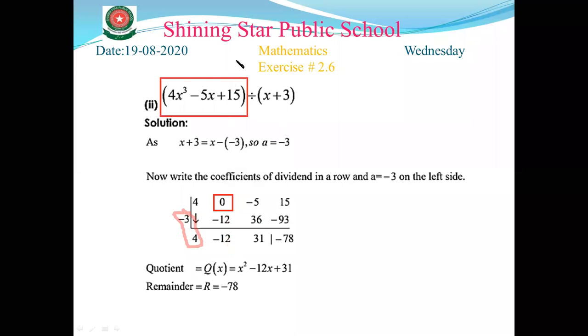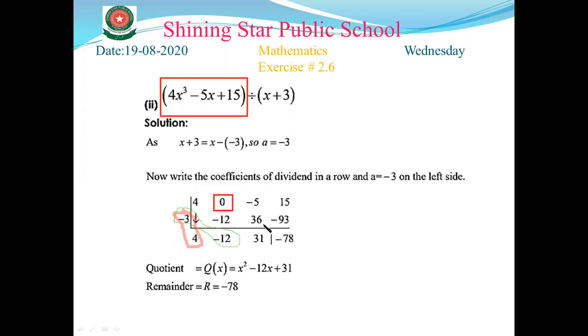So what will we do now? We again multiply minus 3 with this minus 12. Minus 3 multiplied with minus 12, so it becomes minus minus plus. 12 multiplied by 3 is 36.